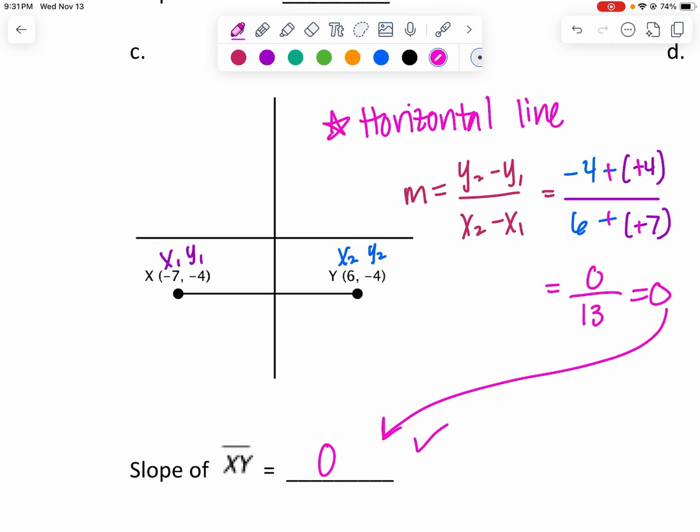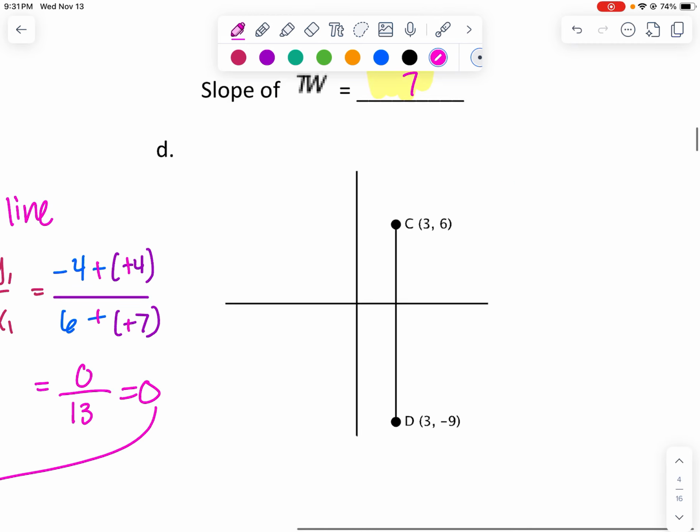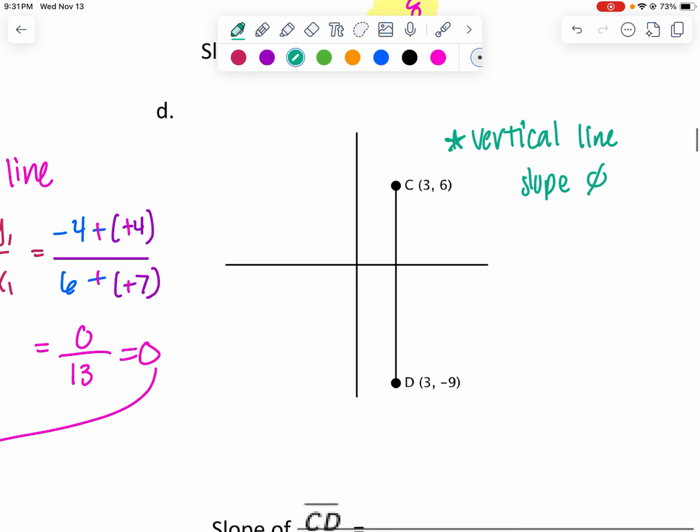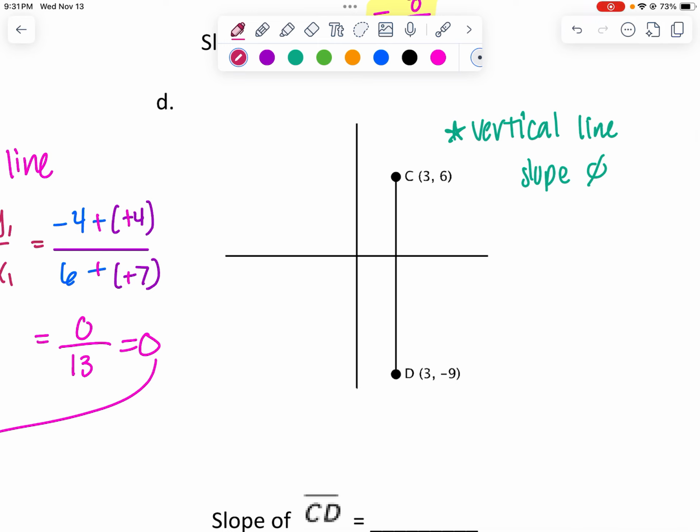Okay. Similar to part C, we got part D. Right here, instead of a horizontal line, we are thinking of a vertical line. And we know that vertical lines have a slope which is undefined. But again, let's go ahead and double check. Okay. So C is my x1, y1.